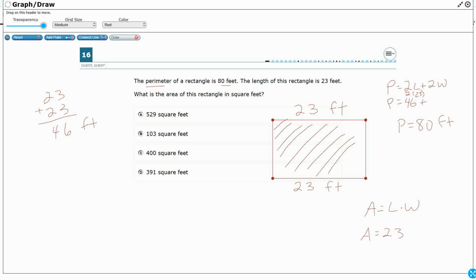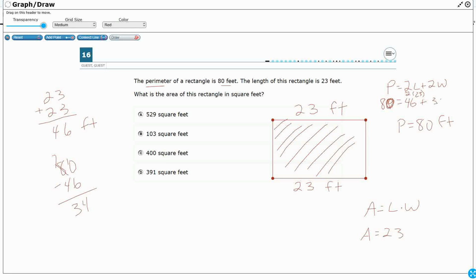2 times that 23 plus this right here, whatever that is. And so I'm going to make that 80. So how much is left between those two? Well, let's take our 80 and subtract 46. Okay, so we need to regroup. Okay, so 34. That does not mean my width is 34.